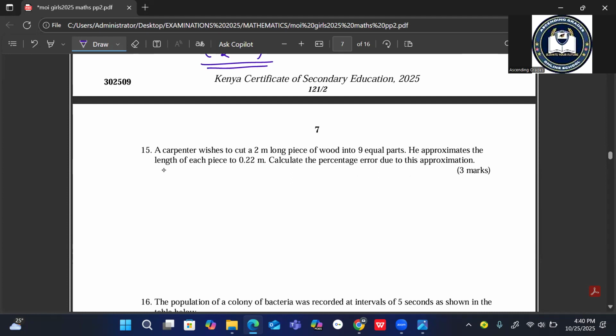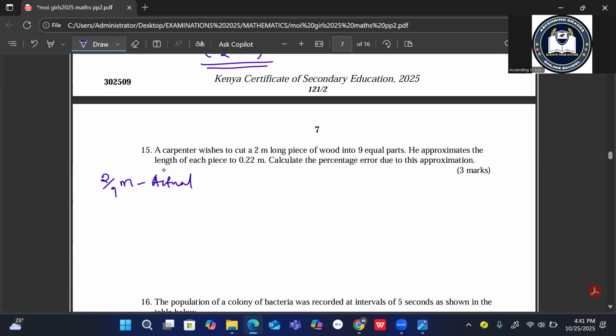Now, a carpenter has 2 meters divided into 9 equal parts. That is now 2 over 9, which is now the actual.